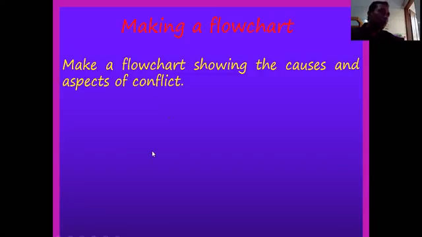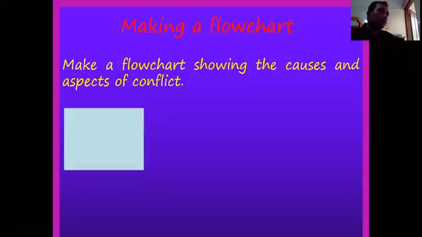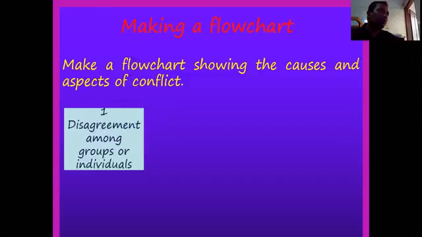Now we have a sample question based on the text. Make a flowchart showing the causes and aspects of conflict. In our first box, we have been given disagreement among groups and individuals.